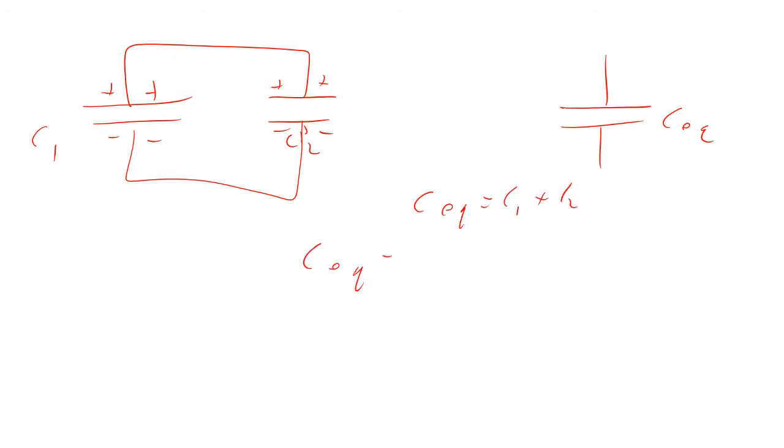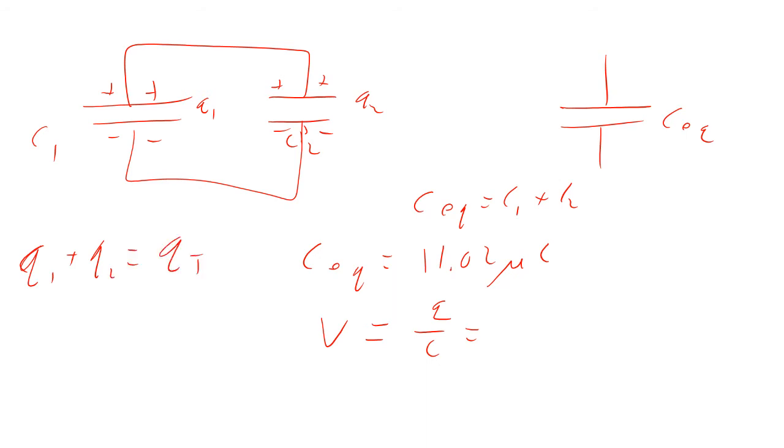So the equivalent capacitance is going to be 11.02 microfarads. We know that voltage is Q over C, so what's the total charge? We have Q1 and Q2 in parallel, so Q1 plus Q2 is the total charge.